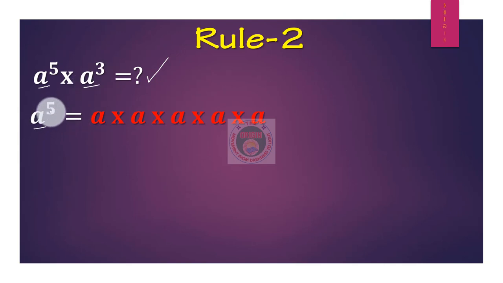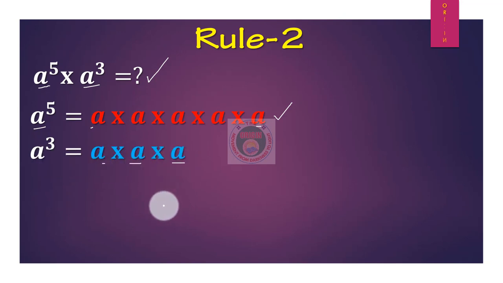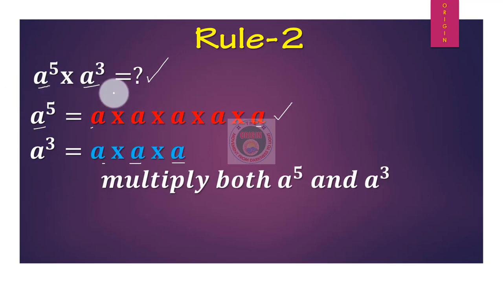I expanded it here. Next, we multiply both a power 5 and a power 3, so these two results I am going to multiply here.